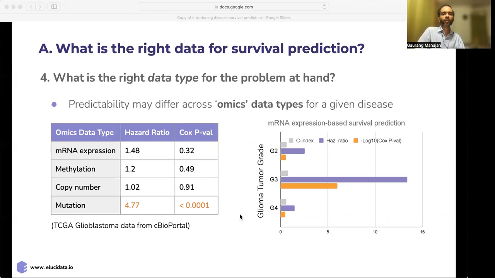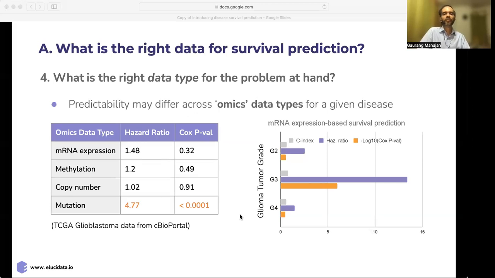So here's an example from an analysis of survival in glioblastoma, a particular form of brain cancer with very poor prognosis. The table on the left compares the survival prediction using different data types that were present in the TCGA cohort. It shows that only genetic markers, certain mutations, do a decent job at prediction, and not the other data types.